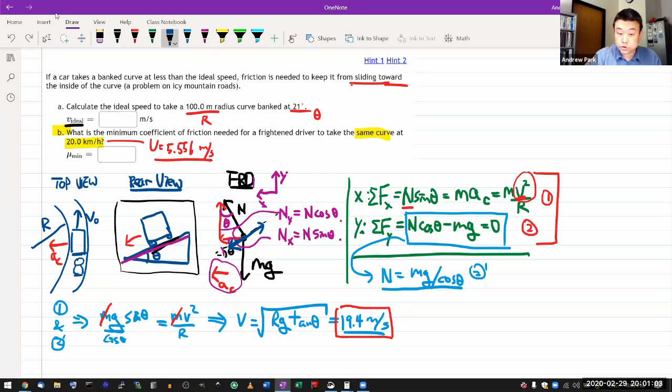Between those two choices, the choice that will give you the upward component of force to oppose the downward sliding is this direction here. So you'll have a friction force that's pointed that way, that's going to be necessary to keep the car from sliding down.